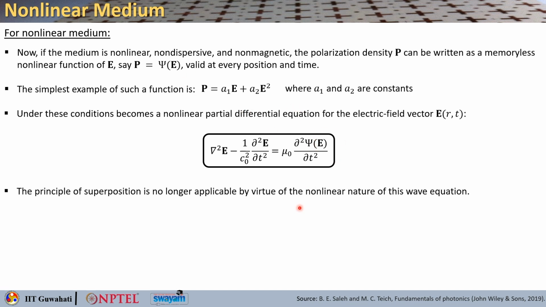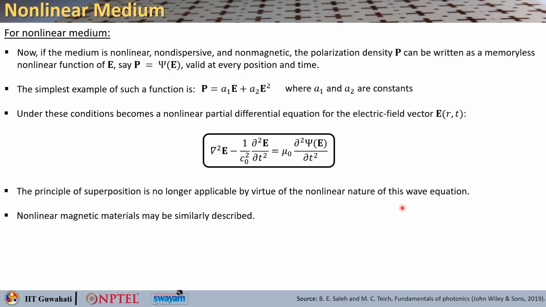Now, because of the nonlinear nature of this wave equation, the principle of superposition will no longer be applicable. Nonlinear magnetic materials can also be described using a similar method. Most dielectric media are approximately linear unless the optical intensity is substantial, as in the case of focused laser beams.